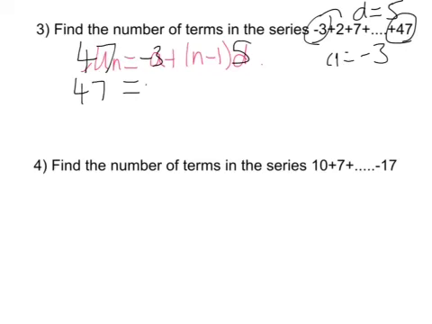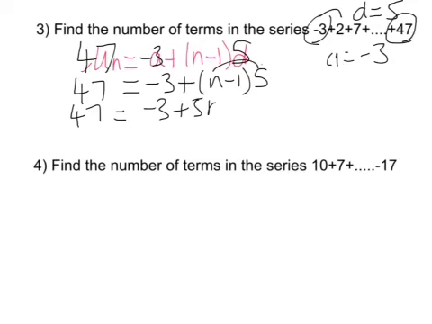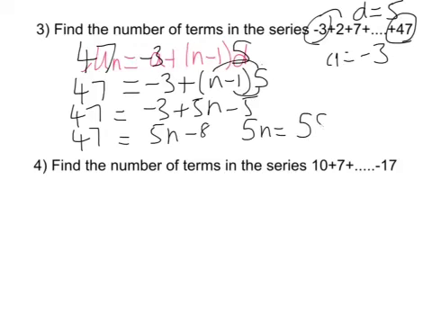So 47 equals minus 3 plus n minus 1 times 5. Let's times this out. Plus 5n minus 5. 5n minus 8 equals 47. So 5n equals 47 add 8 is 55, and therefore I reckon there are 11 terms in that series.